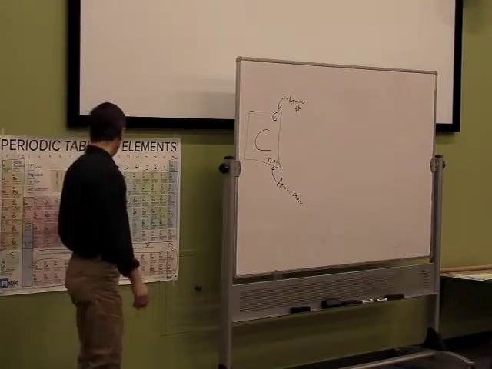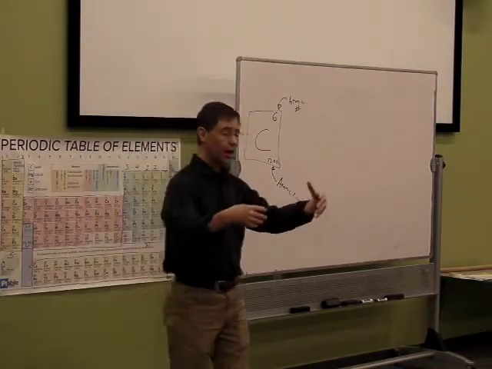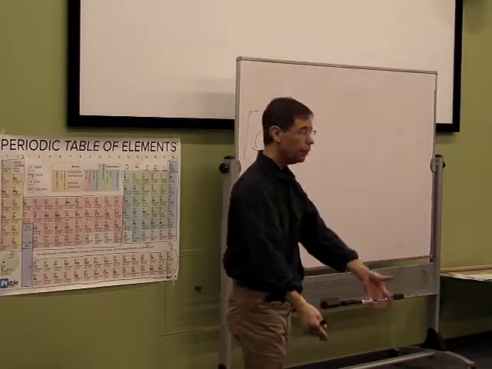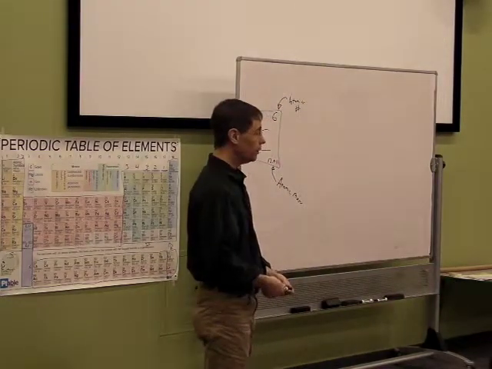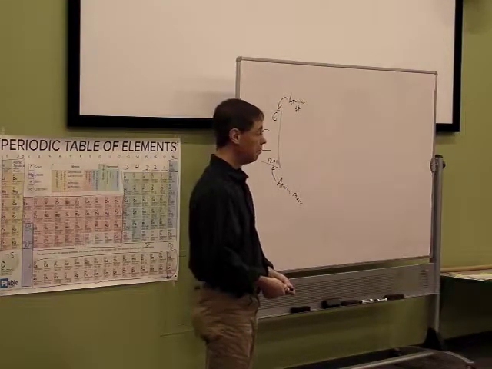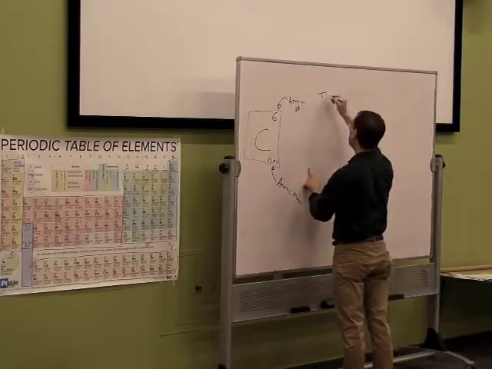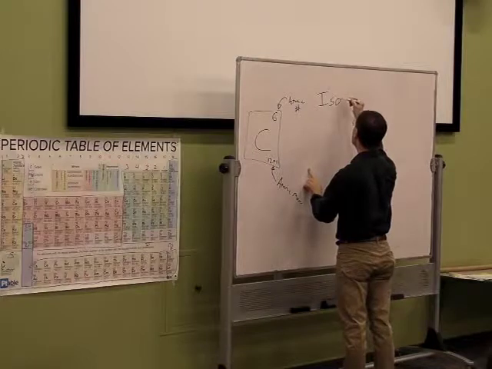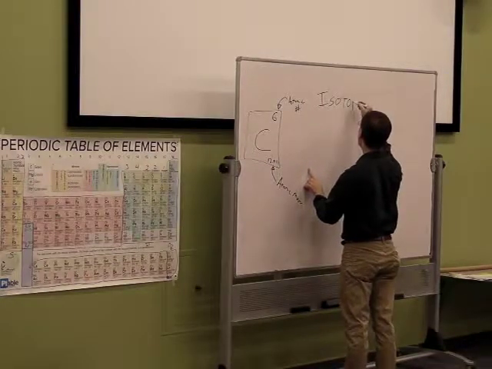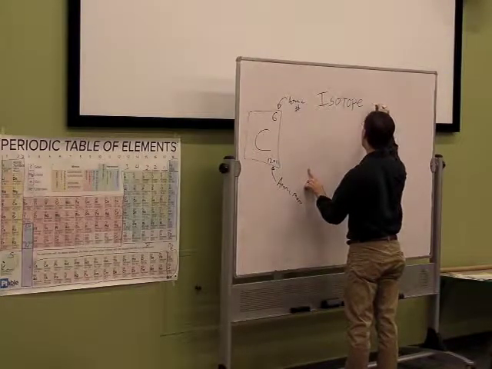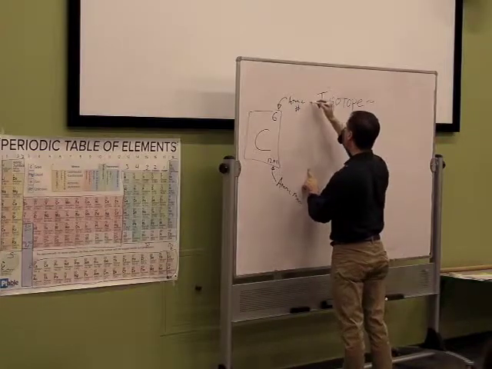So that means there must be atoms out there with an unusual number of neutrons. And we call that an isotope. Are there any isotopes?